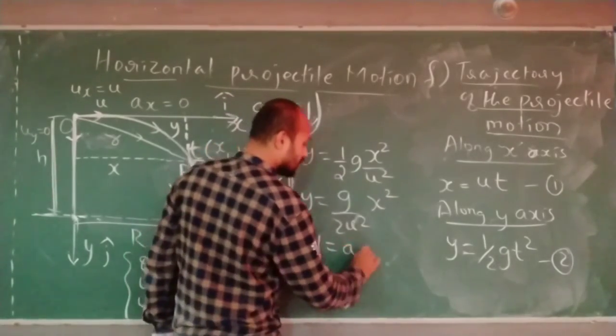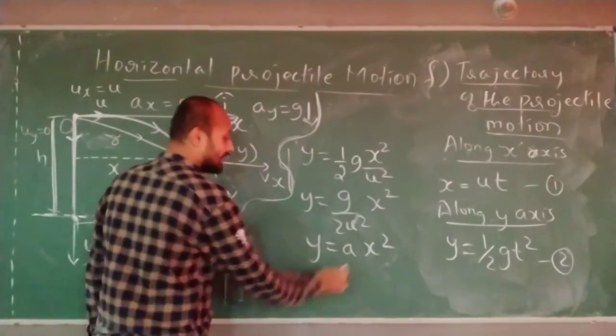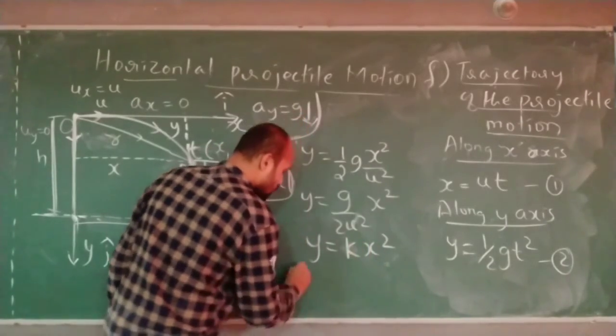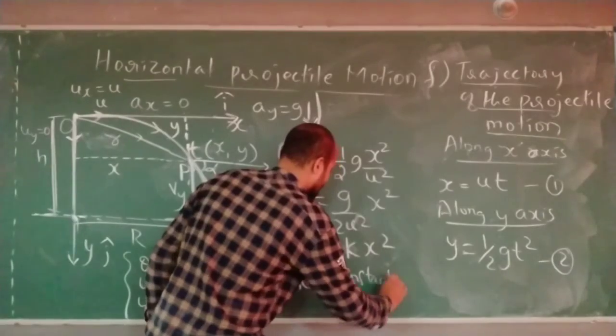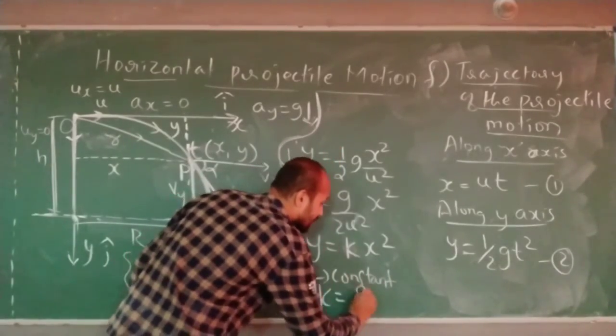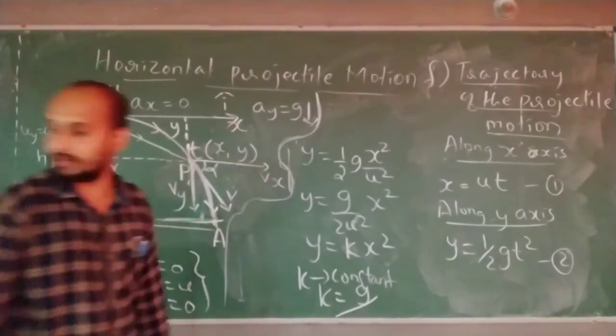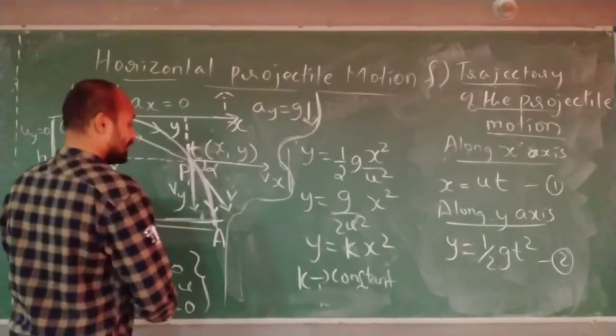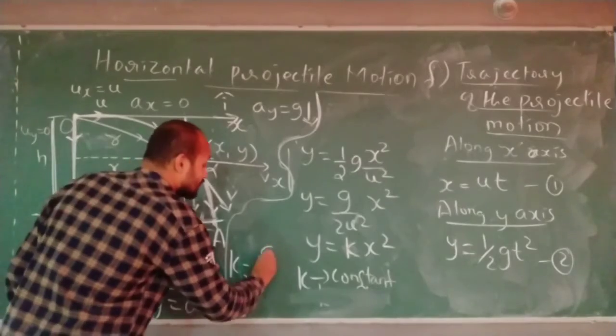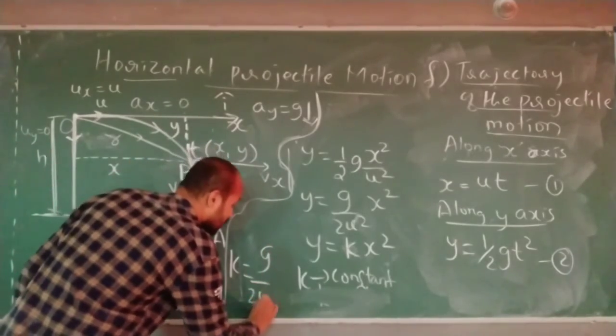Y is equal to kx square, let us say, where k is the constant given by k is equal to g divided by 2u square.